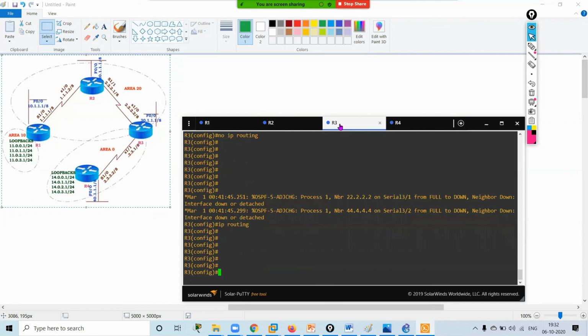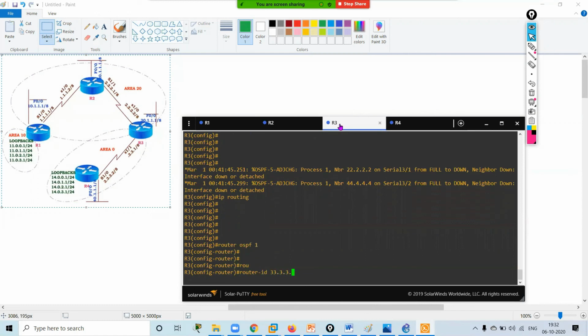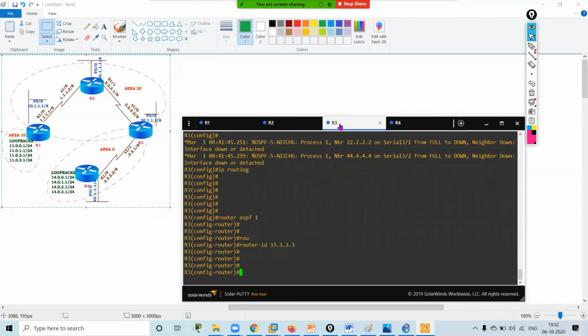On R3, I have border router as my R3. So router ID will be 33.3.3.3. Okay.